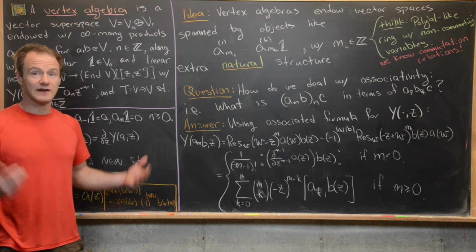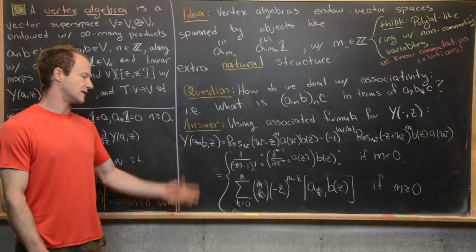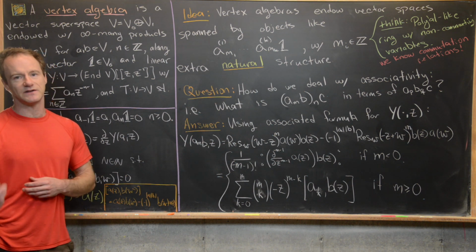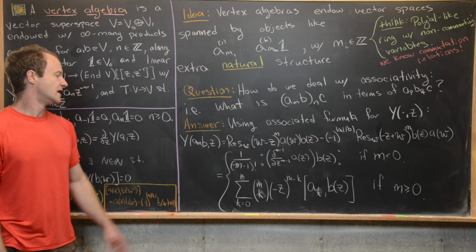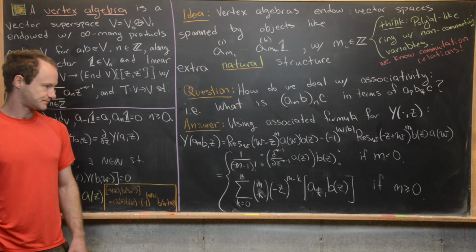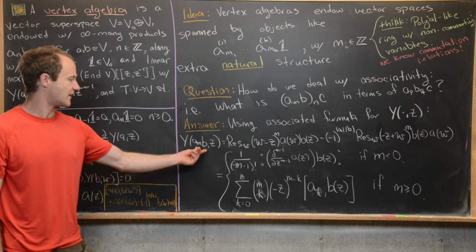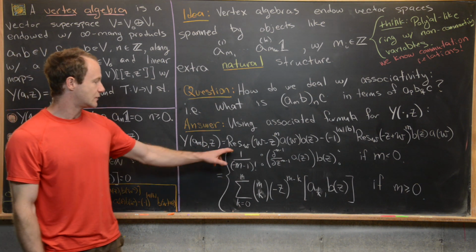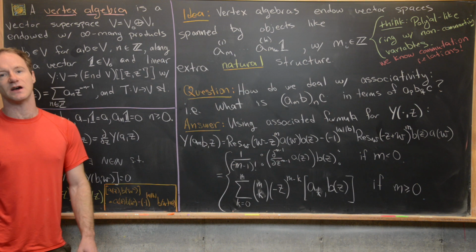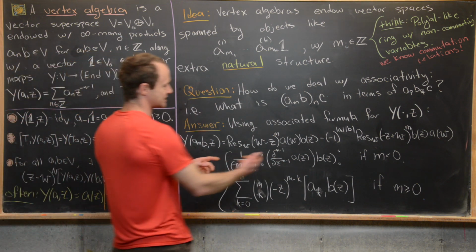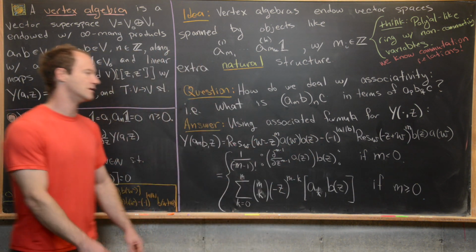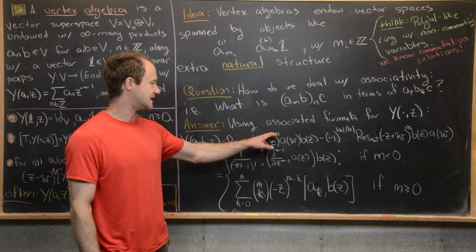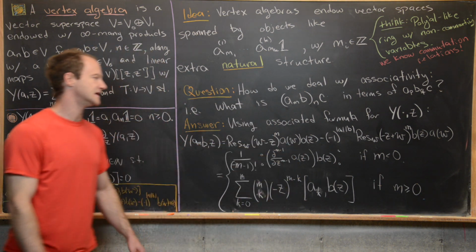And it's kind of a lot, but it turns out that it breaks down into two cases depending on the positivity or the negativity of our mth product here. So we've got this vertex operator of a_m b, so in other words, that vector, at z, is equal to the residue with respect to w. So what that means is just the w to the -1 coefficient of this expansion. And now we have (w minus z) to the m, a(w)b(z).